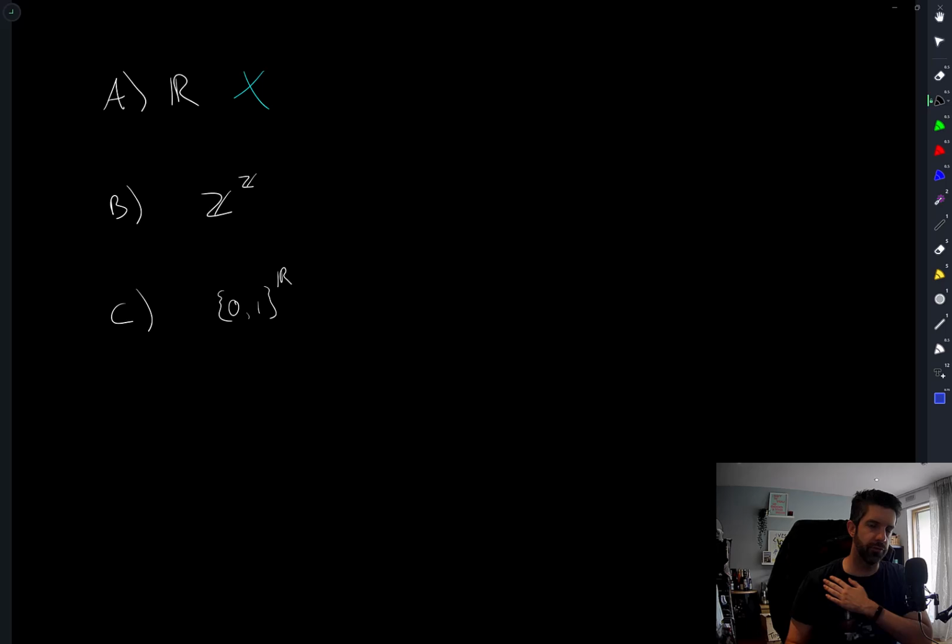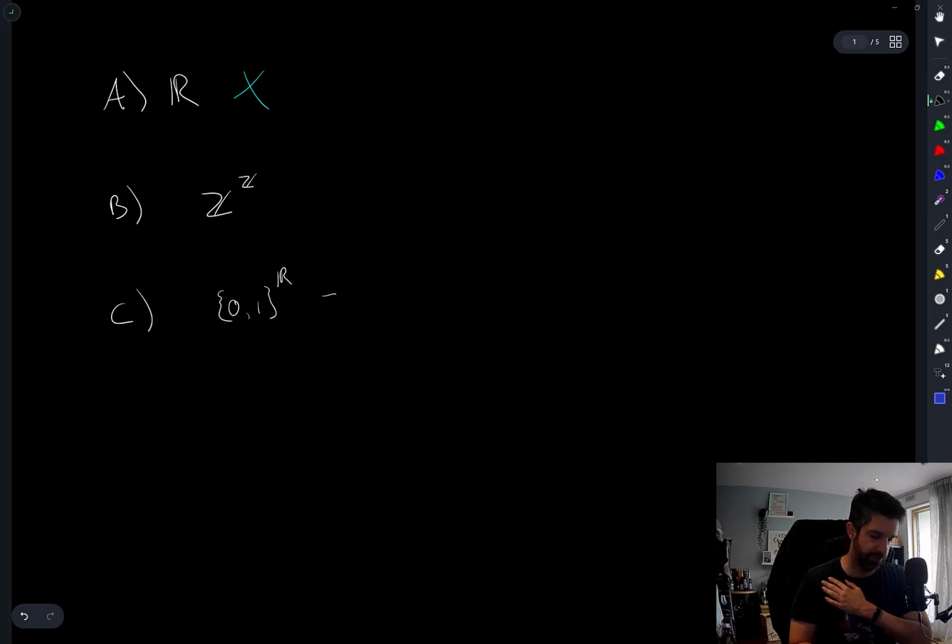A function that maps R to {0, 1} can be identified with a subset of R, right? For every number in R, it's either in the subset or not. And any function from R to {0, 1} gives us a subset: if at a point the function evaluates to 1, we put it in the subset, otherwise it's 0.